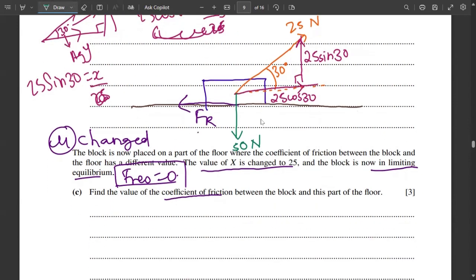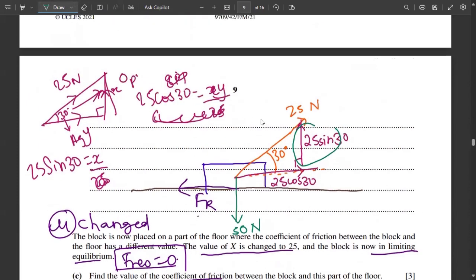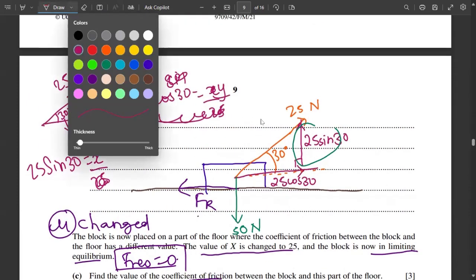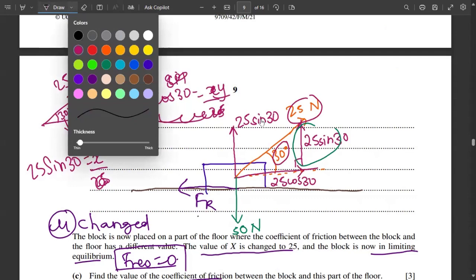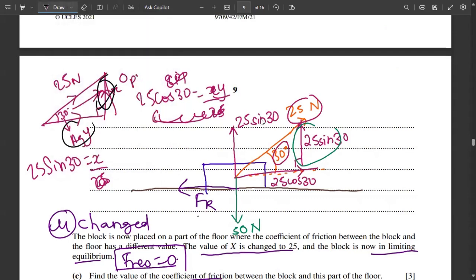So now this upward force is 25 sin 30. Let me write it here. 25 sin 30. And I'll erase everything. Now this 25 Newton force and 30 degrees does not matter to us at all because we have already resolved the forces. These are the resolved forces. So even if we remove it from the diagram, it doesn't matter and we'll save space.